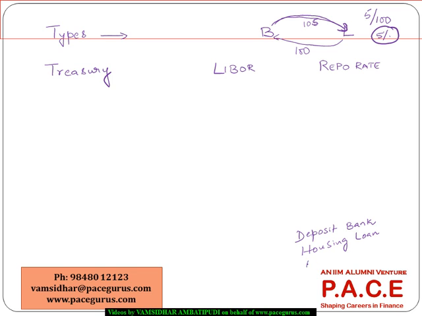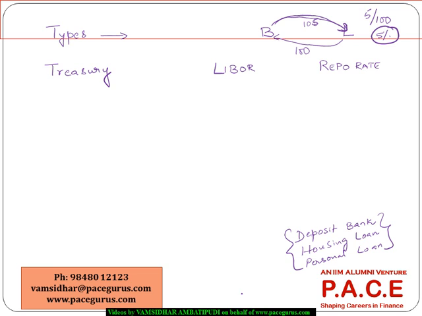If I am taking a personal loan, it could be different. The definition is still the same: there is a borrowing and a lending, and the additional amount which the borrower agrees to pay the lender for taking the loan.